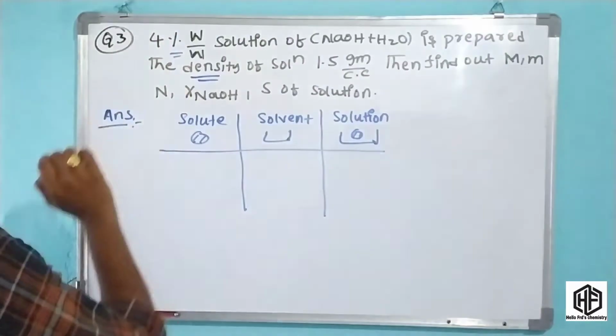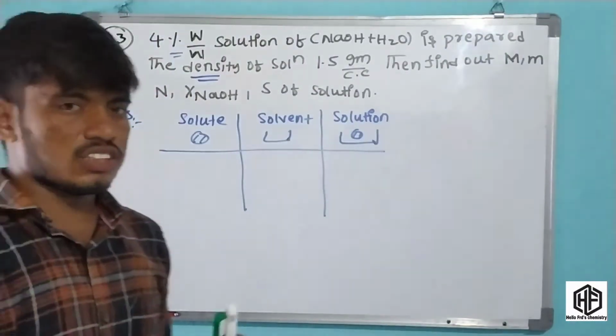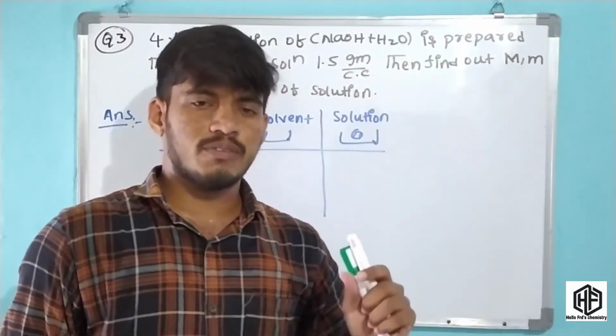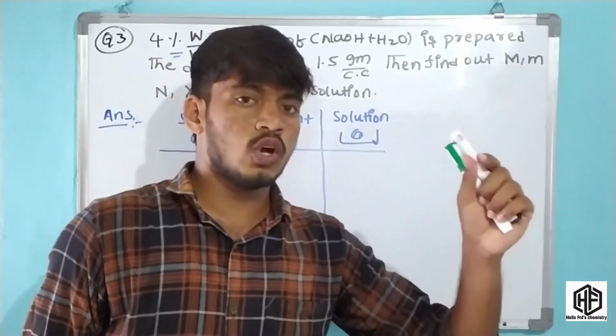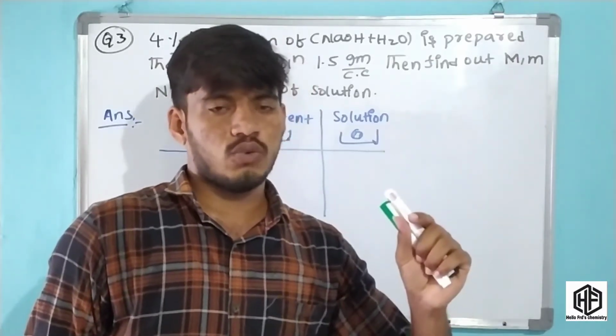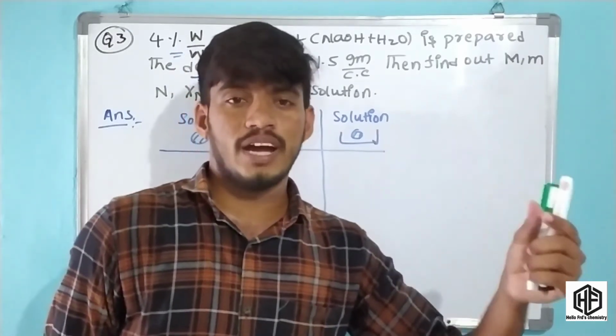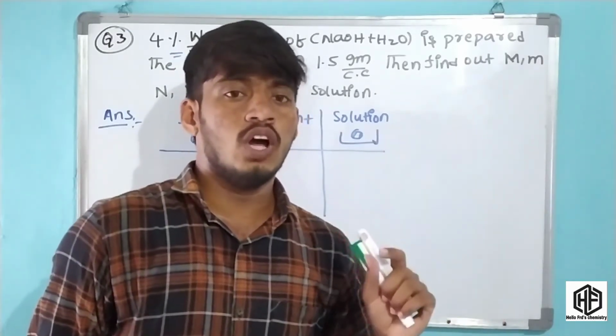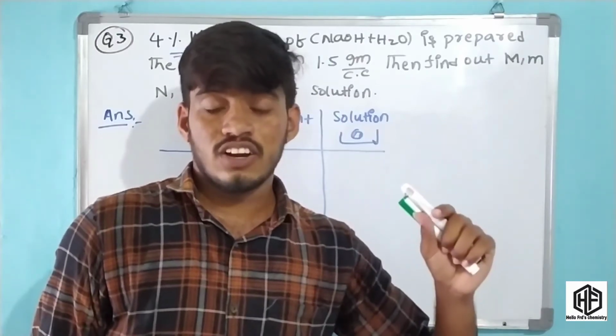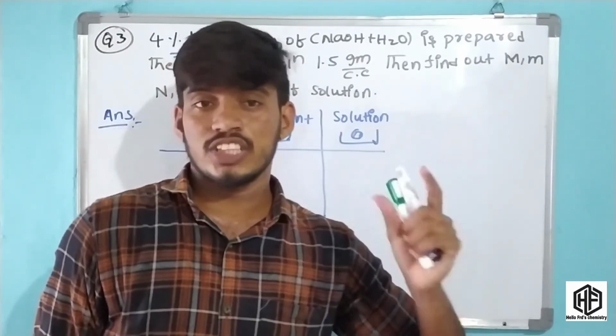Solute, what is the 4% of weight by weight? Weight by weight percentage is weight of solute by weight of solution into 100. This is in grams.